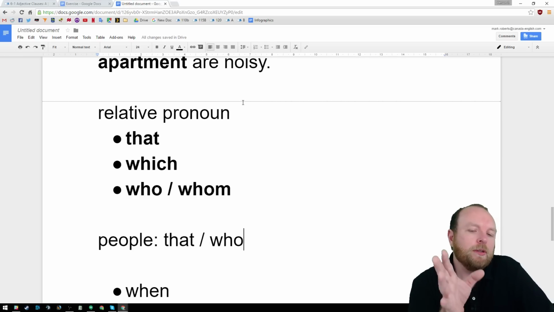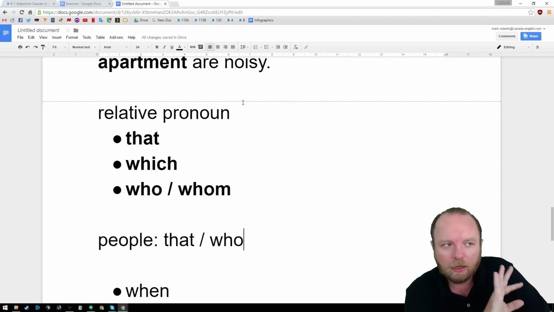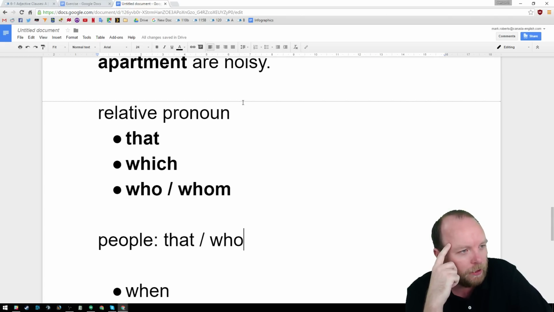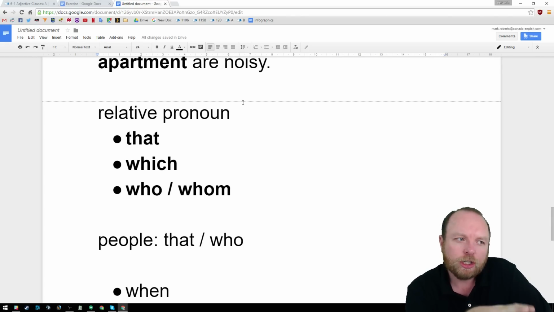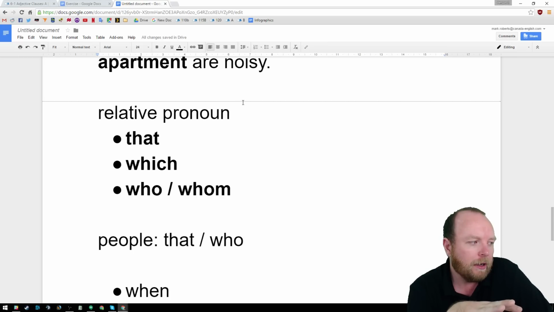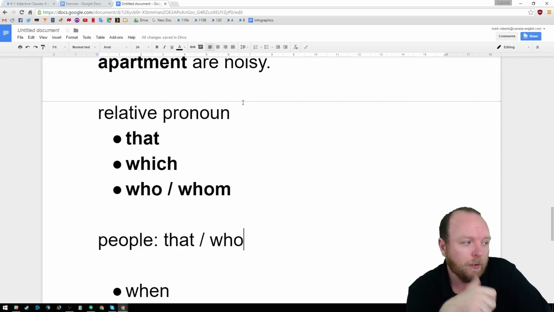So right now, what do you think for people, because I see a lot of mistakes about this, a lot of people are maybe not sure, but which one is more popular, that or who? That or who? Caio says who, Alejandra says who, Miguel, vegetarian, nice one Miguel, I love you, says that, Peter says who, Christina says that.